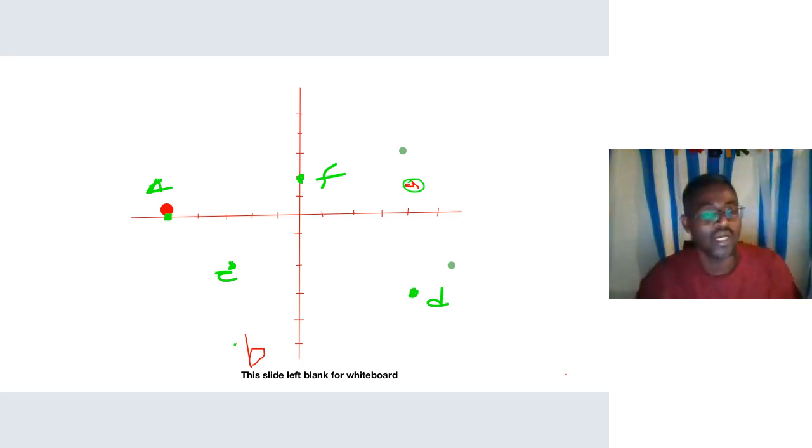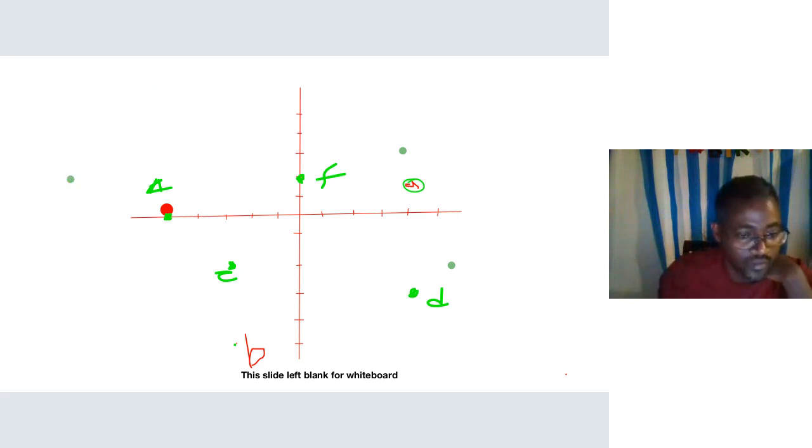Now, what is number 3? It says -3, 0. Where do you think is number 3? -3, 0. Anyone?